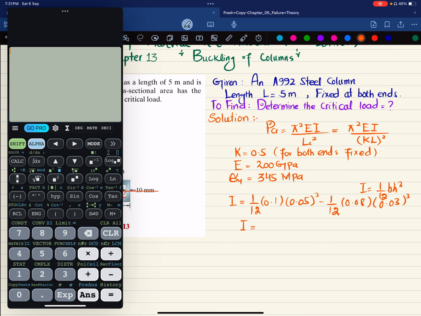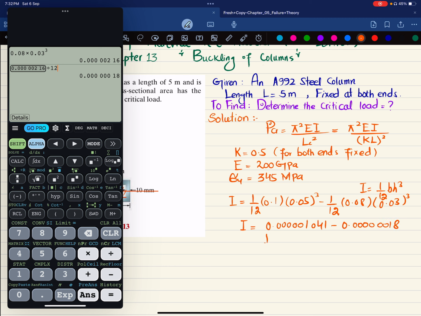So 0.1 multiplied by 0.05 whole cube divided by 12 is equal to 0.00001041, minus 0.08 multiplied by 0.03 cube divided by 12, which is equal to 0.000018.